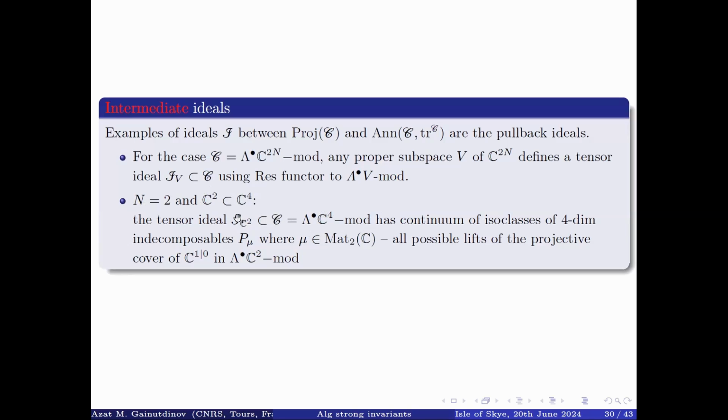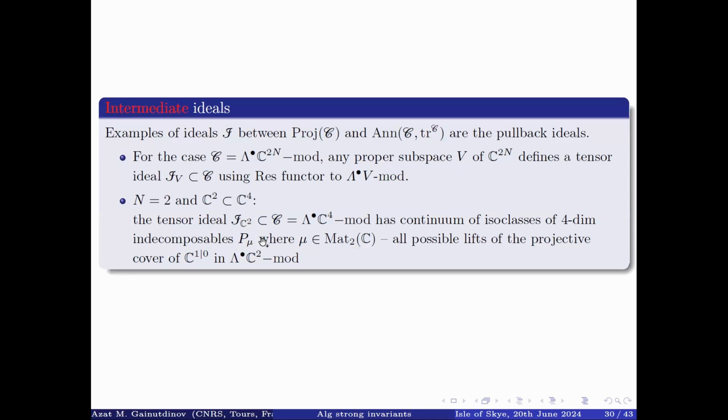And this ideal has a continuum of isoclasses of 4-dimensional indecomposables. So it's called P mu. So the projective ideal has only 2 objects. But this pullback ideal already has a continuum. They have dimension 4. They are parameterized by 2 by 2 matrices. So there are 4 complex parameters, and I repackage them into a 2 by 2 matrix.